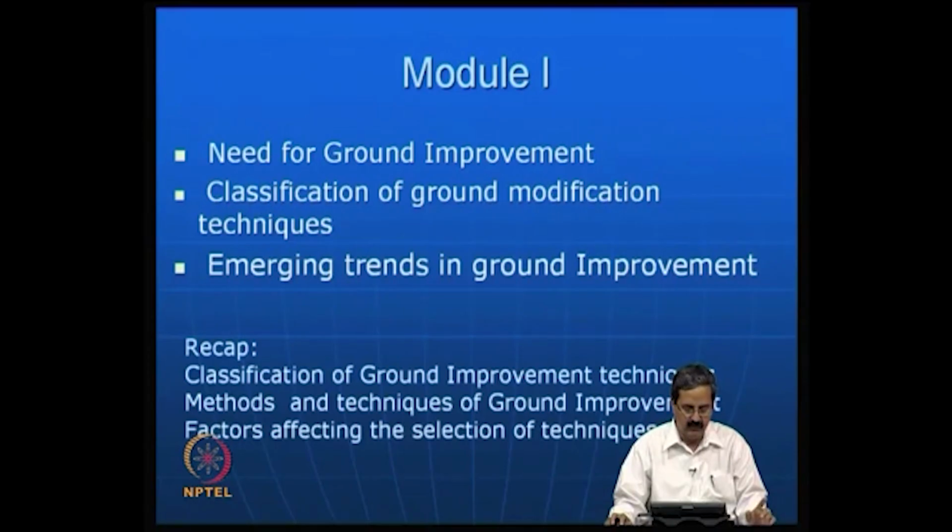You may recall that we covered the classification of ground improvement techniques in terms of mechanical modification, chemical modification, physical modification, and modification by inclusions or reinforcement, and also some techniques that we just mentioned. We also discussed the factors that influence the selection of techniques, like the type of soil, the seepage conditions, the costs, and economics. There are so many issues there.